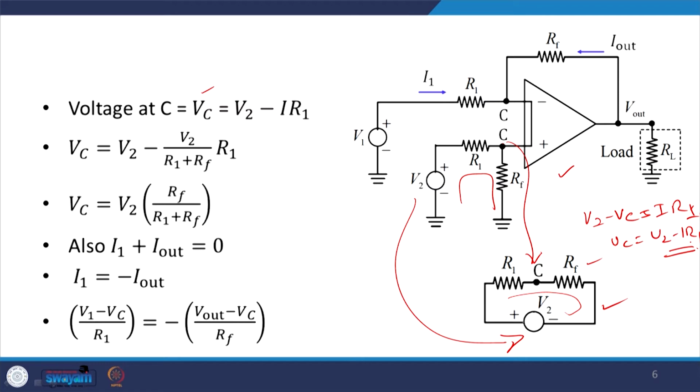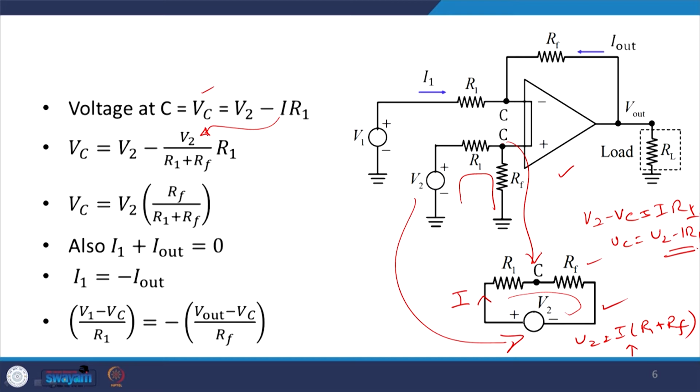From here I can write Vc equal to V2 minus V2 by (R1 plus RF) into R1. How can I write I like this? Basically you can see this equivalent circuit: if there is a current I, then V2 is equal to I into (R1 plus RF), so I is V2 by (R1 plus RF).